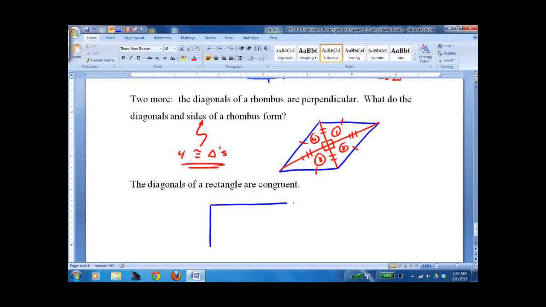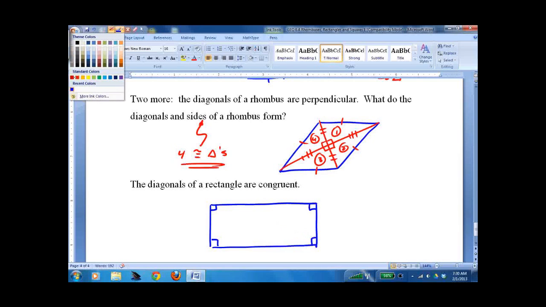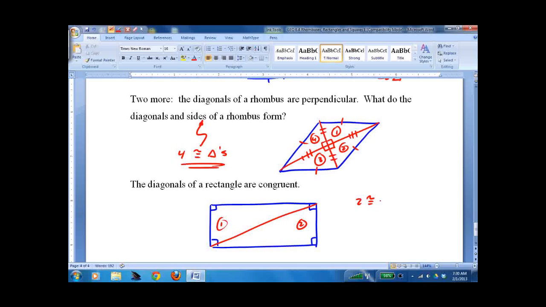Diagonals of a rectangle are congruent. So if we have a rectangle and we draw on the diagonals, one way to look at it is to say that the diagonals are congruent, but I also like to say at this point we have 2 congruent triangles. And that's by side, side, side.